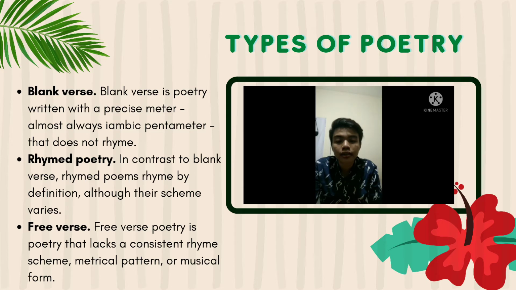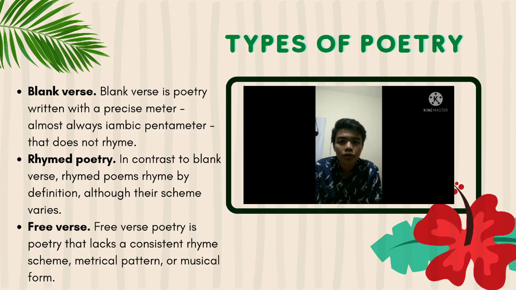Okay, then the third one is free verse. Free verse is poetry that lacks a consistent rhyme scheme, metrical pattern, or musical form. Most modern poetry no longer follows strict rules of meter or rhyme, especially throughout an entire poem.